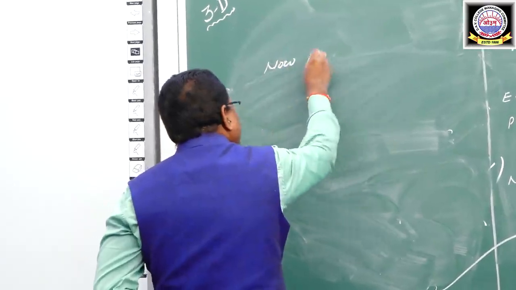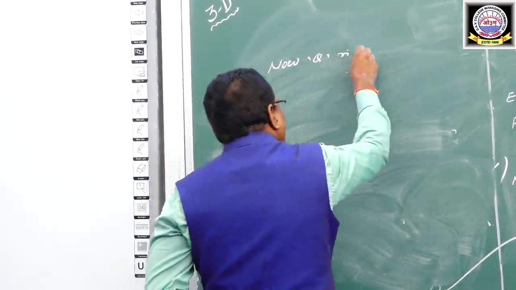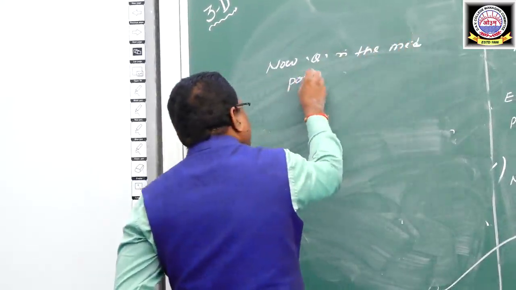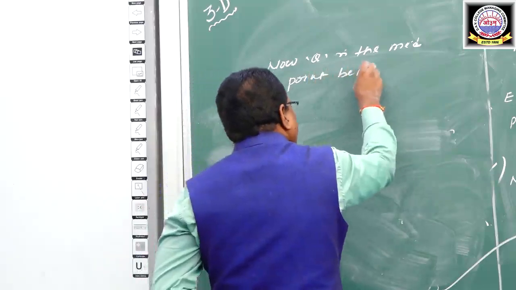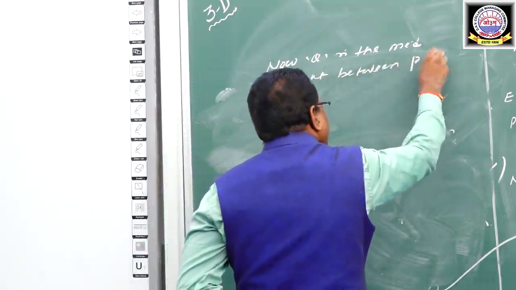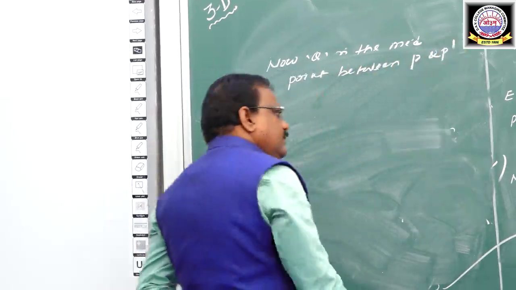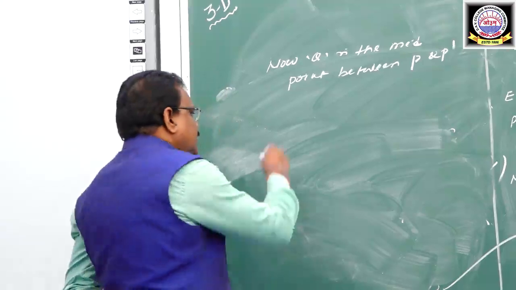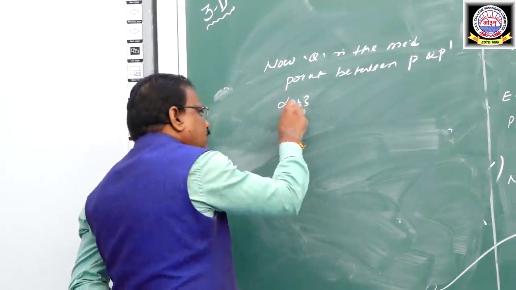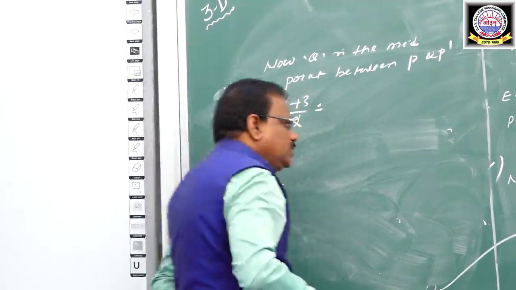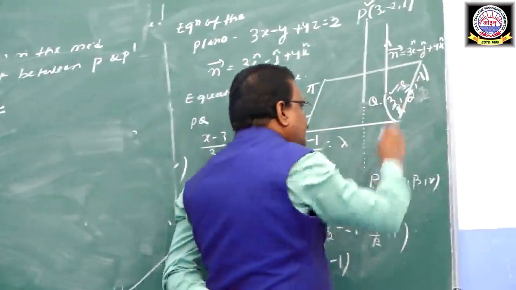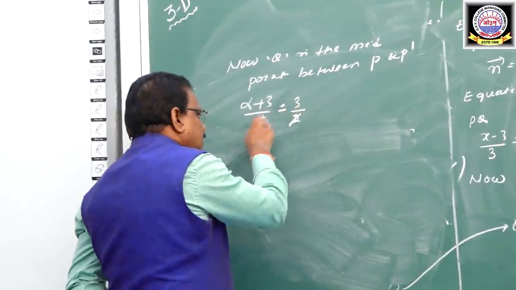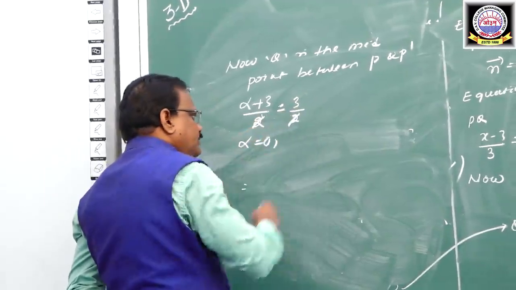Now Q is the midpoint between P and P dash. By using the midpoint formula, (alpha plus 3) by 2 is the x coordinate of this point, 3 by 2, the 2 cancels, so alpha is equal to 0.